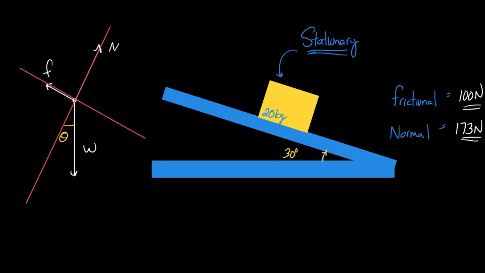Like so. Did we recognize that the weight's going to be broken up into weight cosine 30 degrees and weight sine 30 degrees? I hope so, because that means net force in the x direction is weight sine 30 minus friction equals 0.